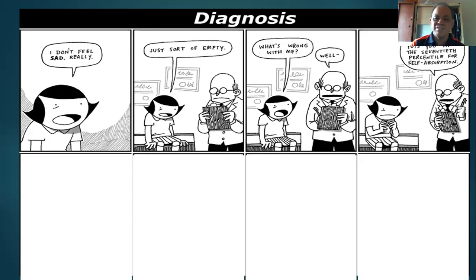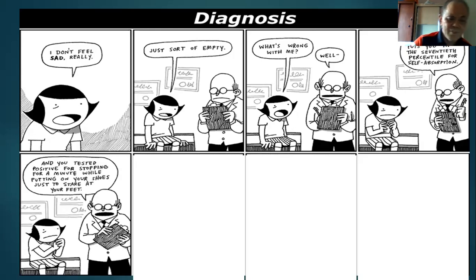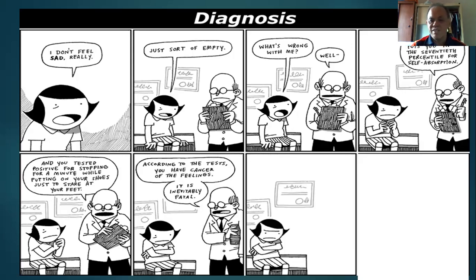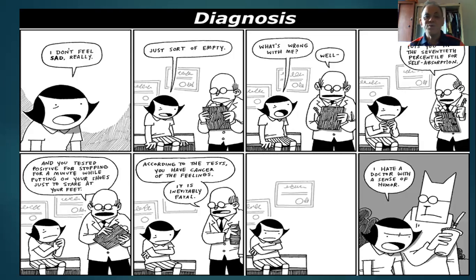He will diagnose, and then he will tell you that you tested positive for stopping for a minute while putting on your shoes just to stare at your feet. So he will evaluate, or he may test you, and then he will give you an answer. What is wrong with you? So it depends very much on the experience of the doctor.